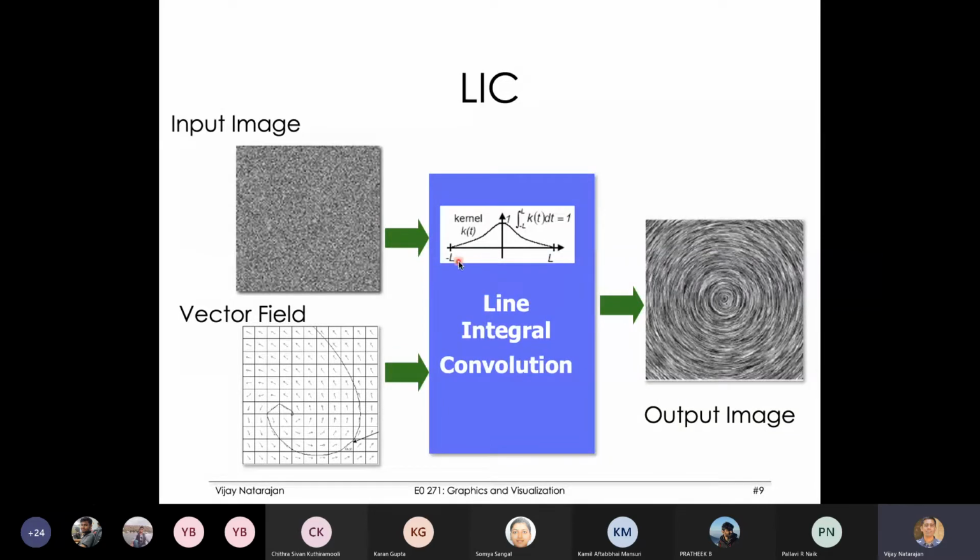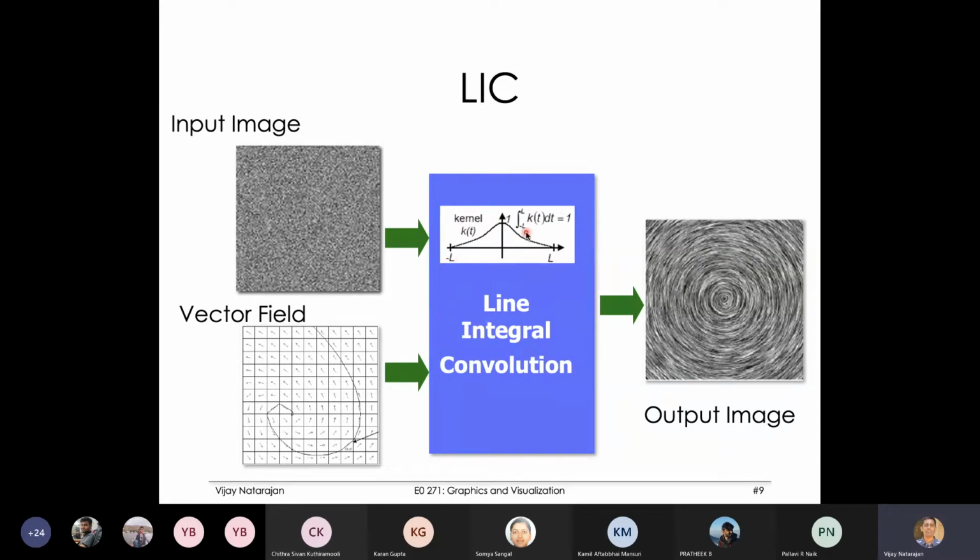Given a parameter called L, you use a curve centered at a point, let's say shown here at the origin. You convolve along the streamline passing through that particular point for a length 2L, right?